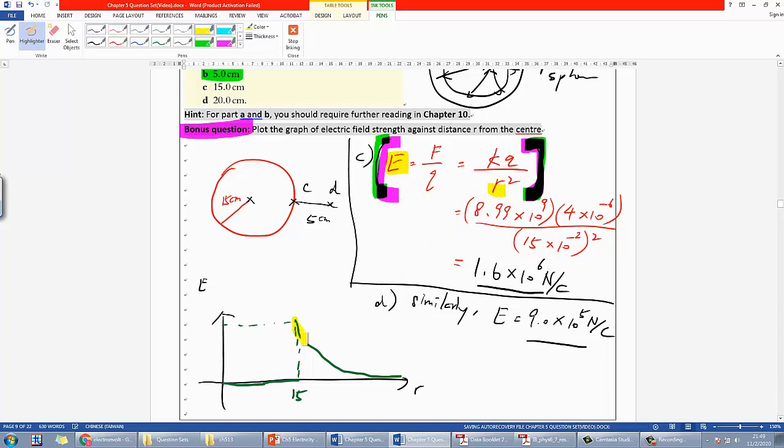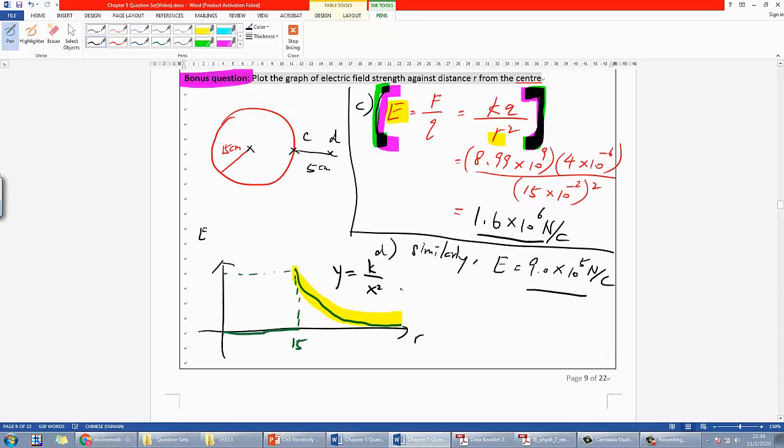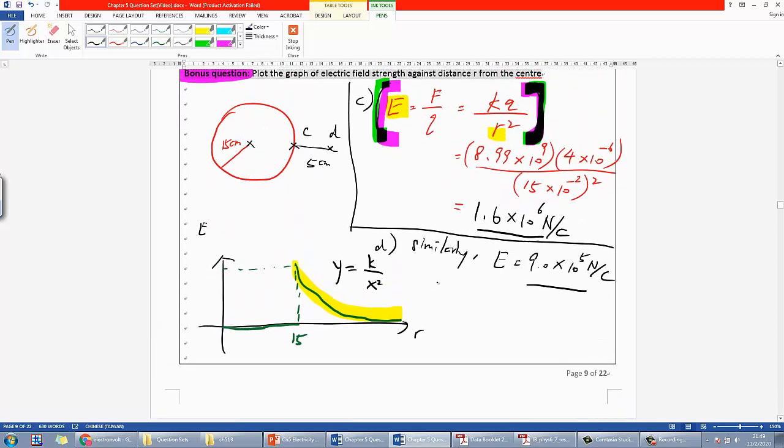That's why it is a curve. If you don't know why y = k over x squared is a curve, you can try to plot it on your graphical calculator. Okay, so that's all for 5.1.